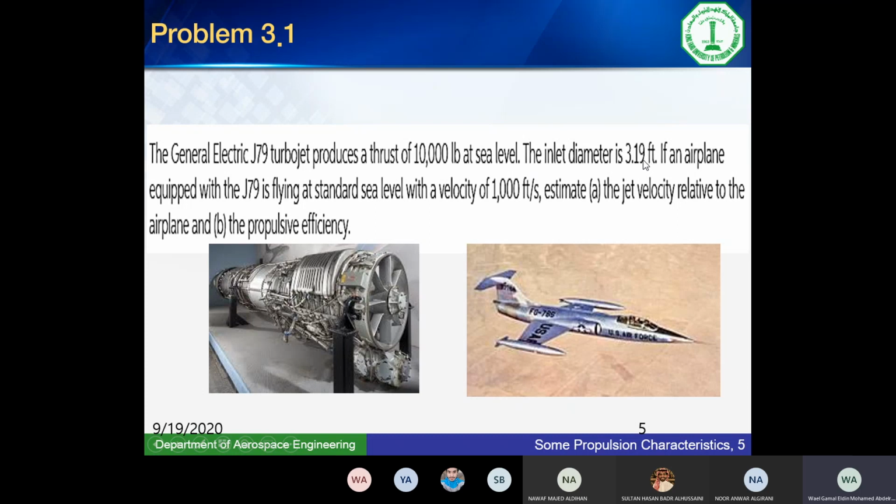Now to your question. You talked about the dimensions. Would it affect the thrust? So let's see. The diameter is 3.19 feet, that's roughly 1 meter.